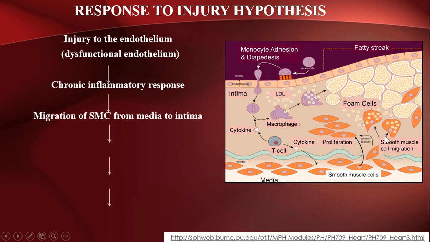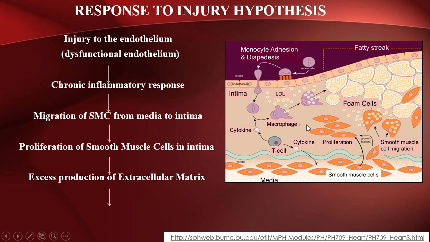You see here the migration of the smooth muscle cells, then the proliferation of the smooth muscle cells in the intima, the excess production of extracellular matrix by the fibroblasts, and the enhanced lipid accumulation in the intima. And you see the macrophage that engulfed the cholesterol and lipids and became the xanthoma cells here.